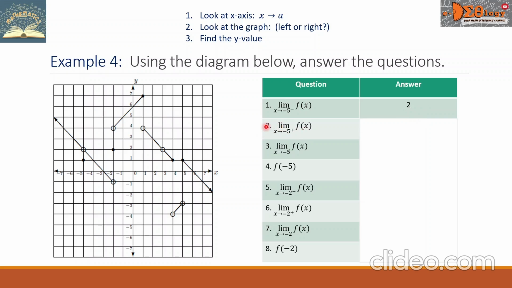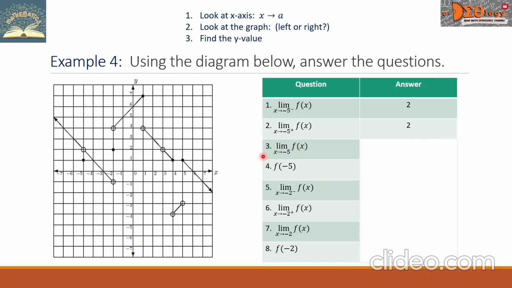Second problem. Limit of the function as x approaches negative 5 from the right. So, step 1, the negative 5 is here. And then, the corresponding graph is here when x is coming close to negative 5. And then, we look for the y value, and that is the same number 2. So, we write here 2.